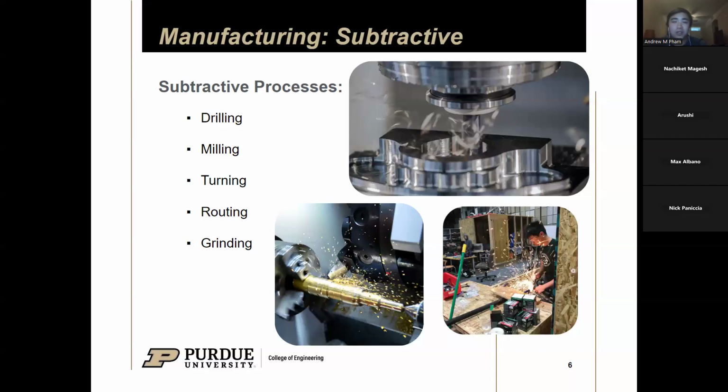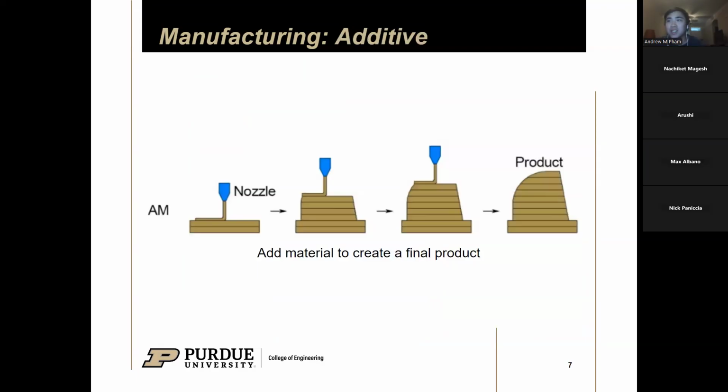These are all really cool, but we're not really covering them a lot, just generally because at least some of these manufacturing processes are kind of out of reach for the average person. Obviously, you can have a drill and you could probably buy one. But a milling machine or a lathe is generally more difficult to come by. So we're mainly going to focus on additive manufacturing in this class.